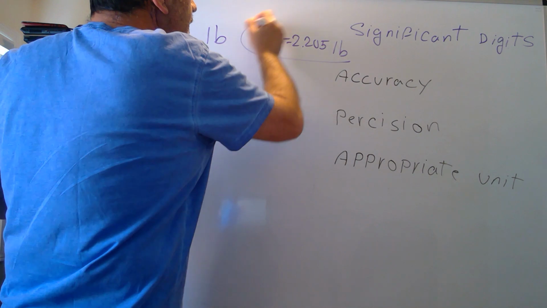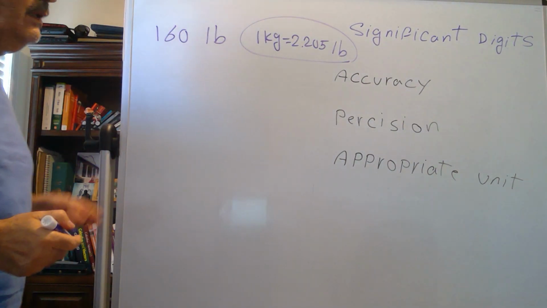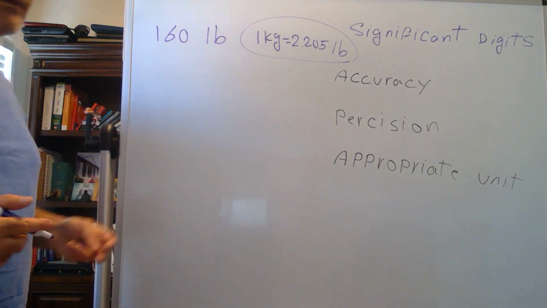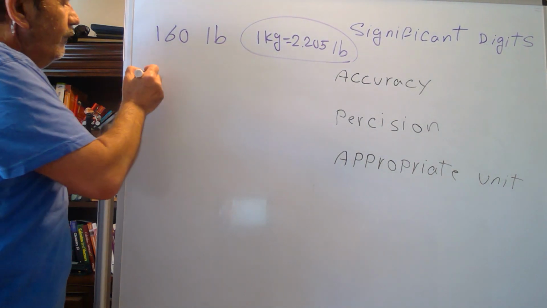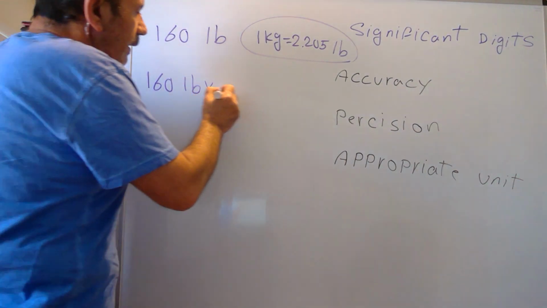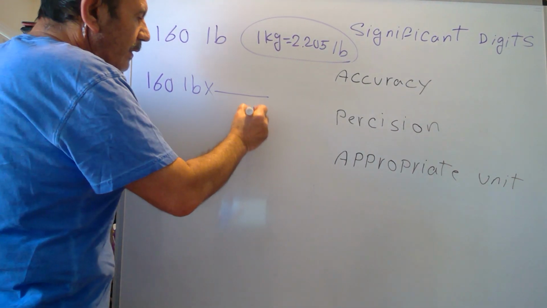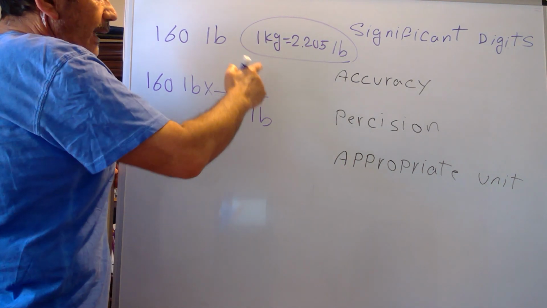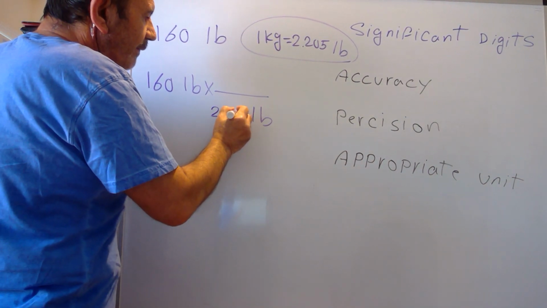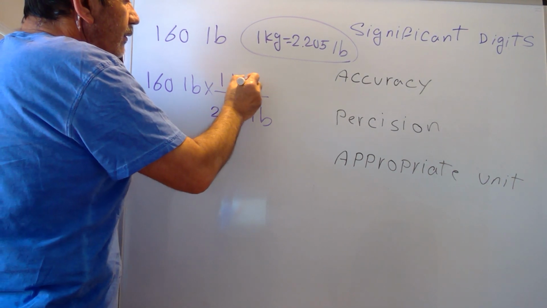I want to use this information to convert 160 pounds to kilograms. For converting, 160 pounds multiplied by a fraction, because we have pound at the top right, pound at the bottom, and then we have 2.205 pound is 1 kilogram.